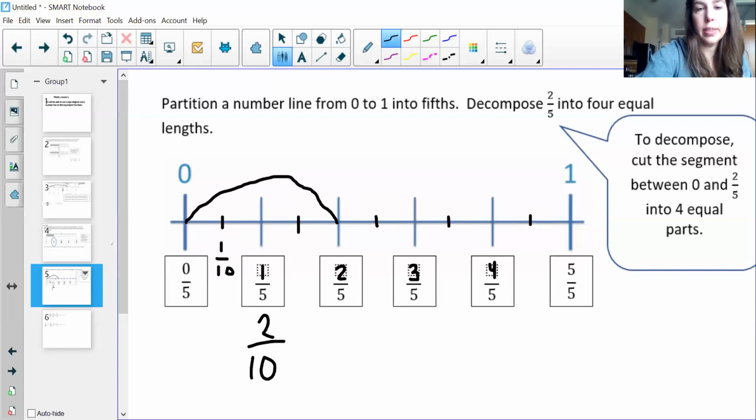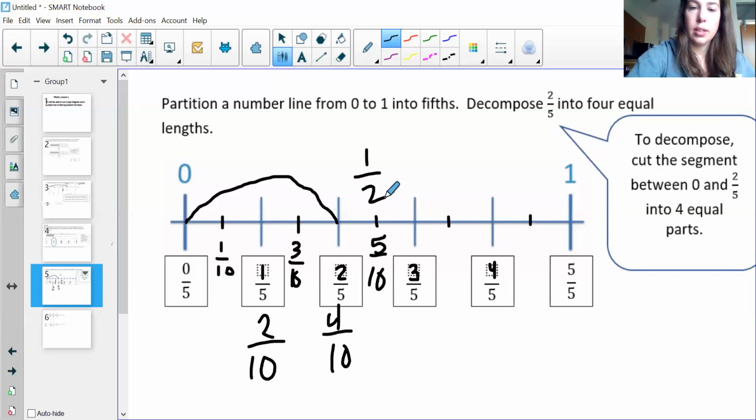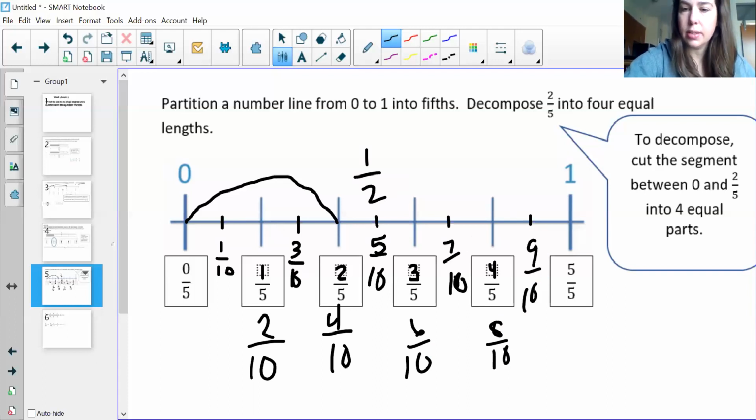This is 3/10. 4/10. 5/10, which is equal to a half. 6/10. 7/10. 8/10. 9/10. 10/10.